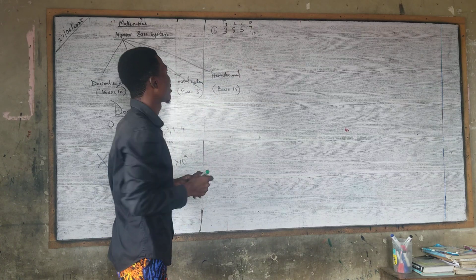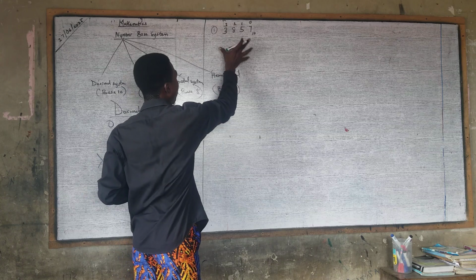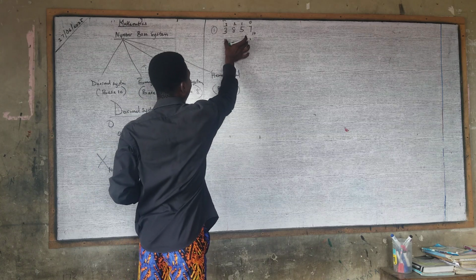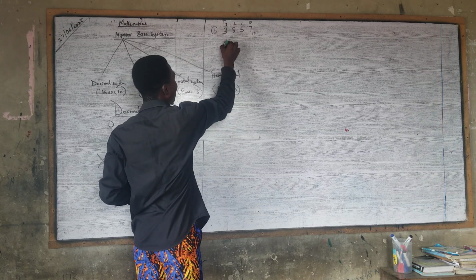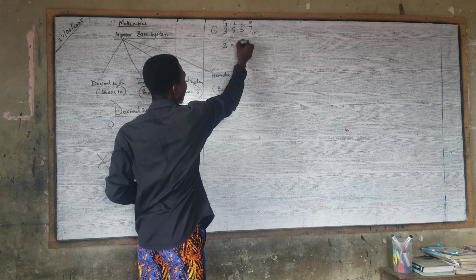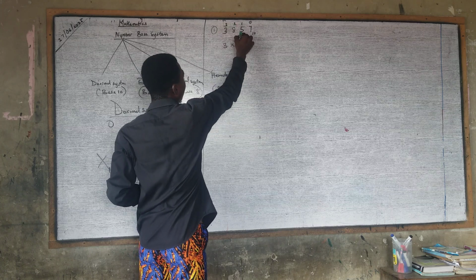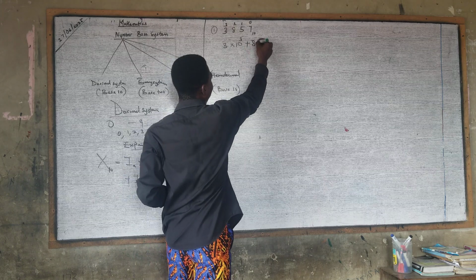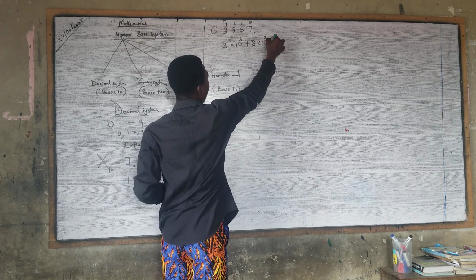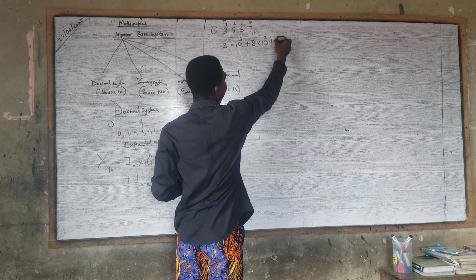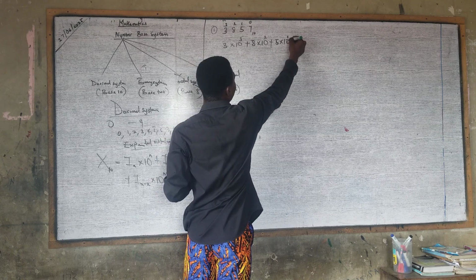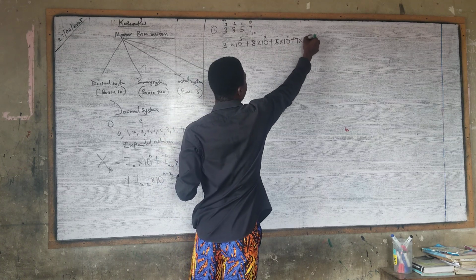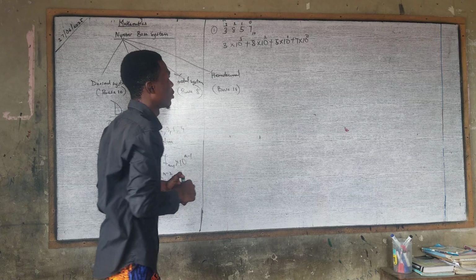So the solution to this expanded notation is 3 times the base, which is 10, all raised to the power 3, plus 8 times 10 raised to the power 2, plus 5 times 10 raised to the power 1, plus 7 times 10 raised to the power 0.